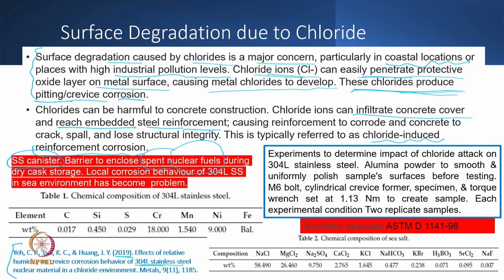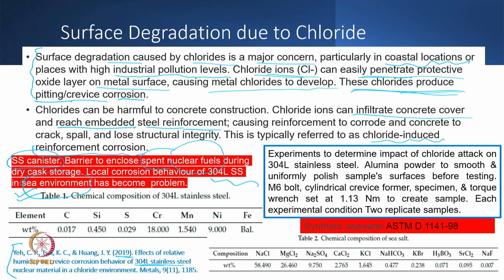So, that is why they use an SS canister. However, they found that this kind of material is subjected to localized corrosion, what we call pitting corrosion or crevice corrosion, particularly in a sea environment where there are more chances of chemical ions. So, that has been reported, and this paper tried to figure out the effect of this kind of corrosion.